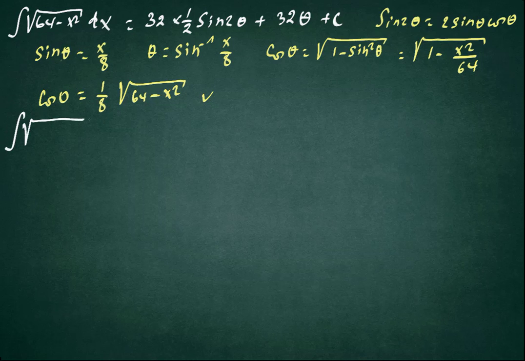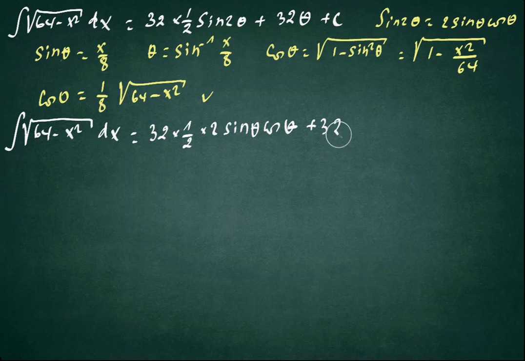So our integral of square root of 64 minus x squared dx is equal to 32 times 1/2 times 2 times sine theta cosine theta plus 32 theta plus a constant. Now we have to do some simplifications here, and we have to make plug-ins.